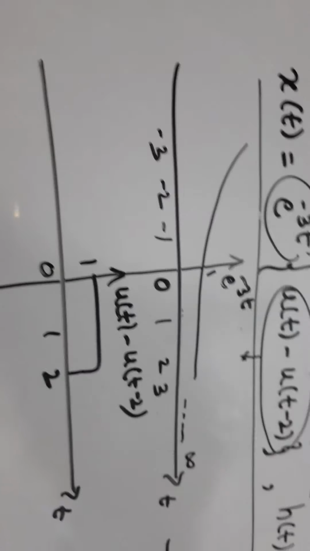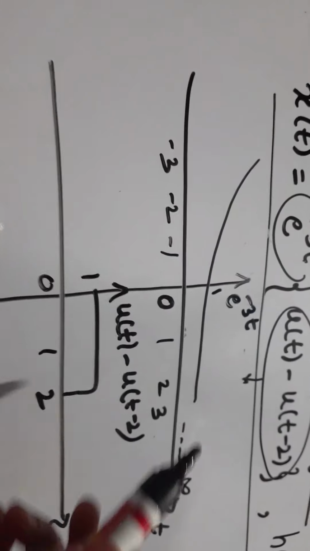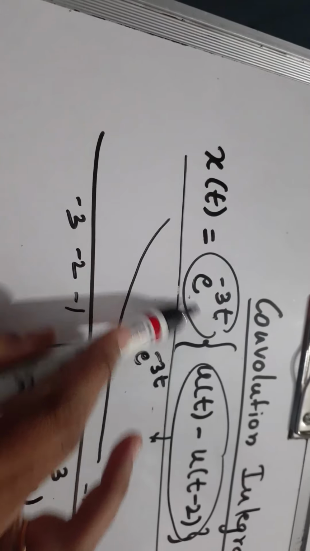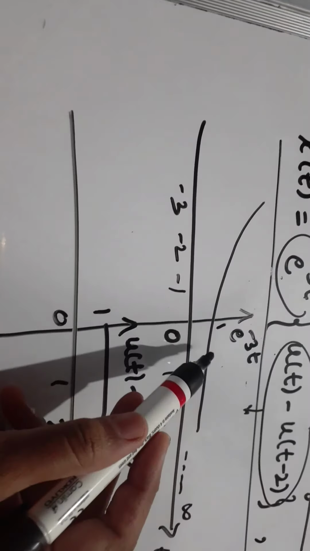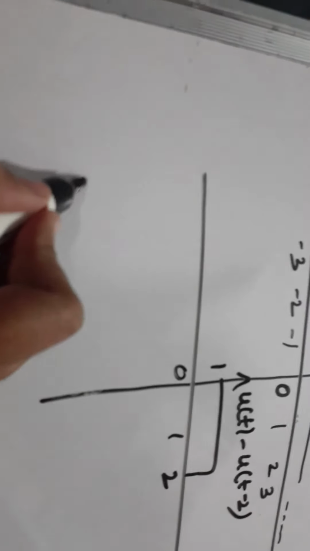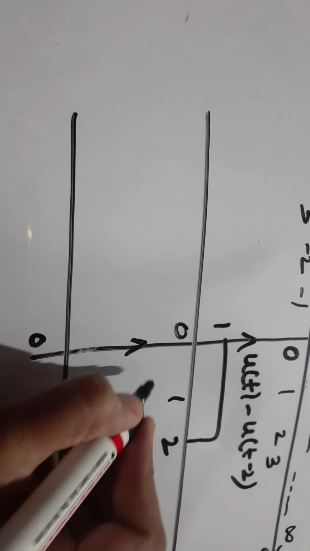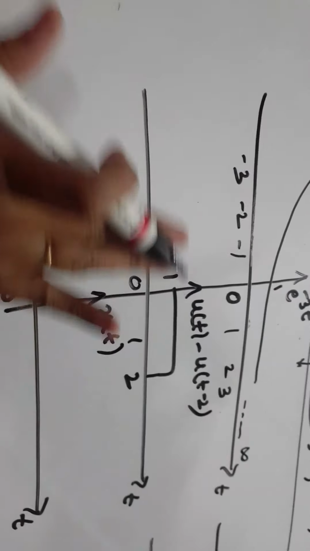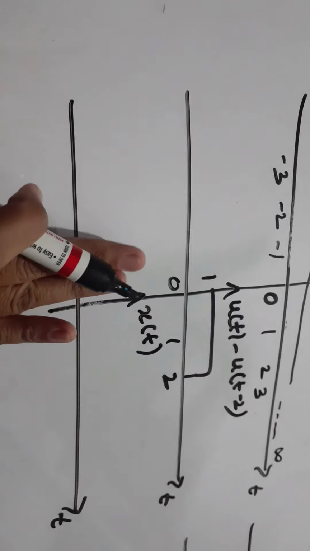Now you need to multiply these two signals. If you multiply these two signals, this is your x of t. If you observe, here we have some amplitude, here we don't have any amplitude, 0. 0 multiplied by any value will become 0.